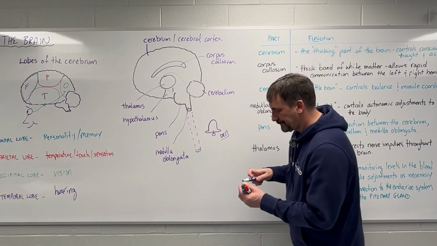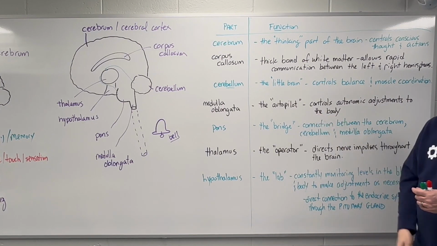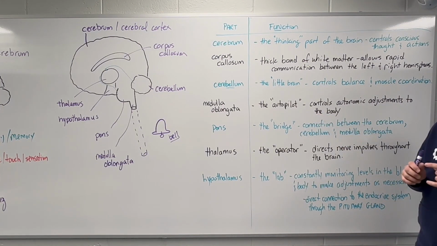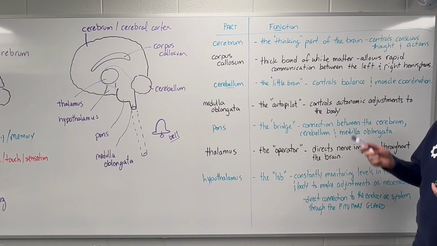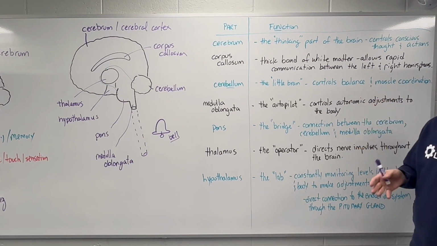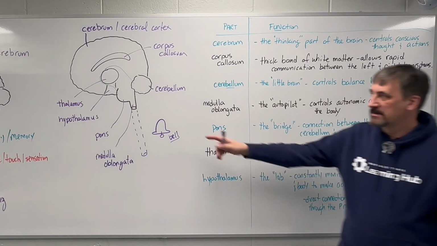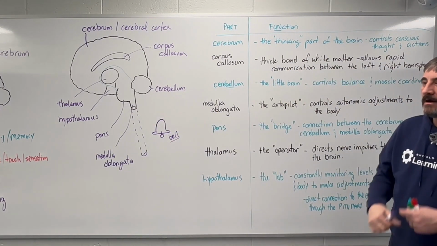The medulla is the autopilot of the brain. It controls the automatic responses from your autonomic nervous system, which means you're not thinking about any of this. This is stuff happening in your body that your brain controls through the medulla automatically.